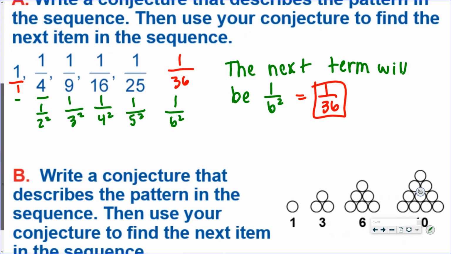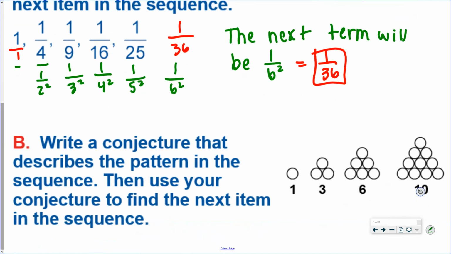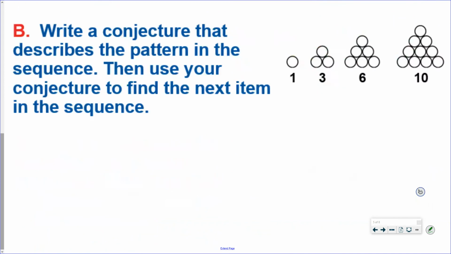Okay, try this one. Write a conjecture that describes a pattern in the sequence. Then use your conjecture to find the next item, or what the next figure would be in a sequence.